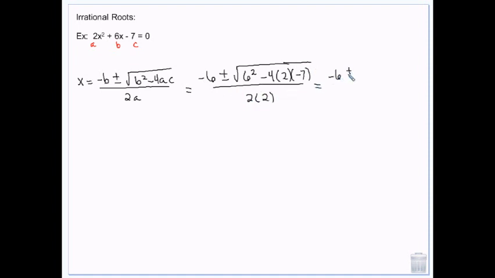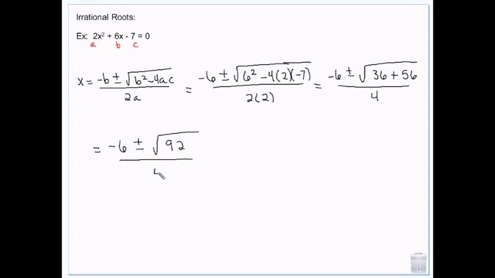So it gives me -6 plus or minus 36 plus 28 times 2, so 56 over 4. -6 plus or minus 92 over 4.